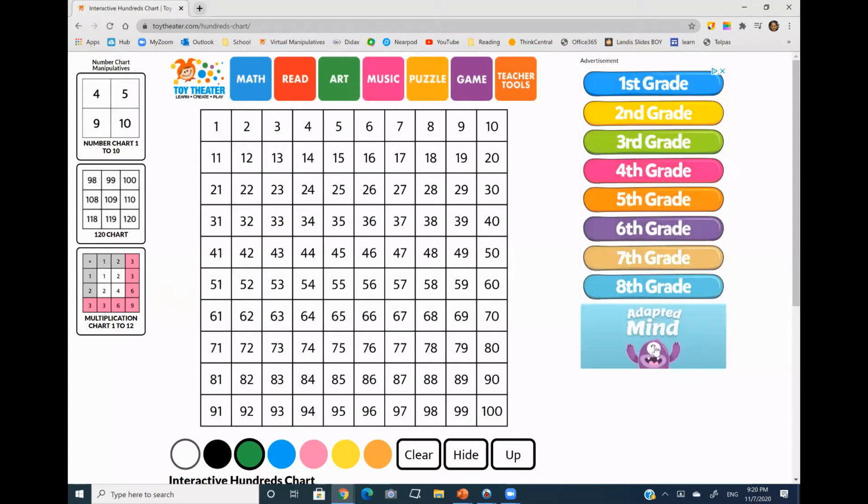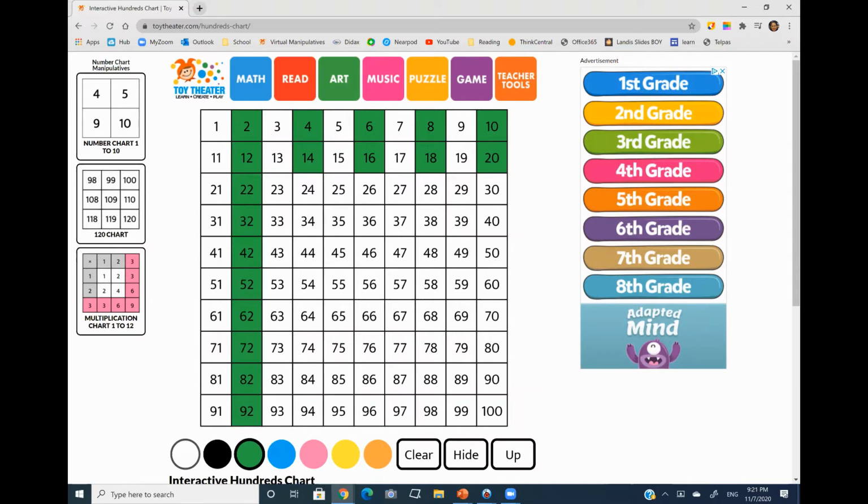Let's use this 100 chart to find all the multiples of 2 so we can find the even numbers. So we know that 2 is a multiple of 2, 4, 6, 8, 10, 12, 14, 16, 18, and 20. At this point, we can find that there's a pattern because all the numbers that finish in 2 are going to be multiples of 2.